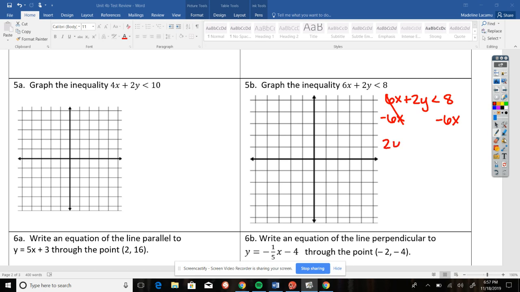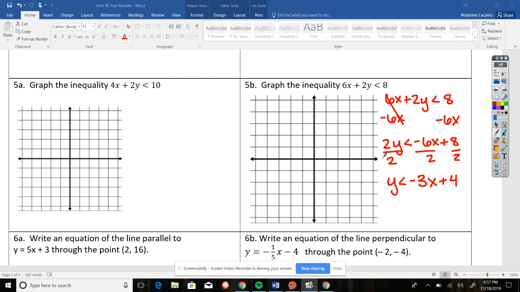And I get 2y is less than negative 6x plus 8. Then to get rid of this 2 next to the y, I have to divide everything by a 2. So I get y is less than negative 3x plus 4.